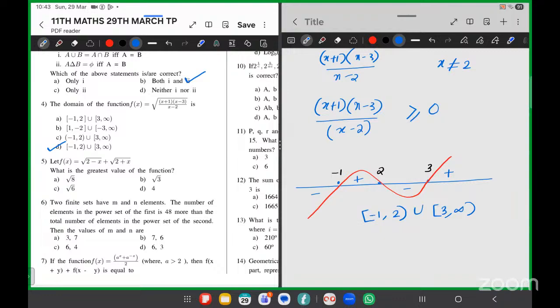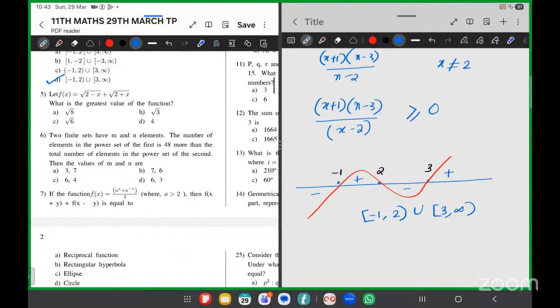Then question number 5. What is the greatest value of the function? Okay. Greatest value we have to calculate.